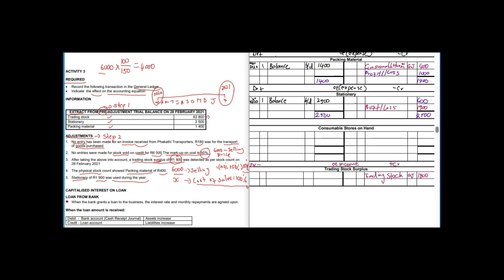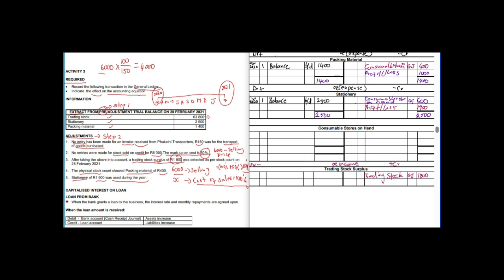Anything that is left, we call it consumable stores on hand, and it's going to go to our general journal. And that's how we close off our stationery.